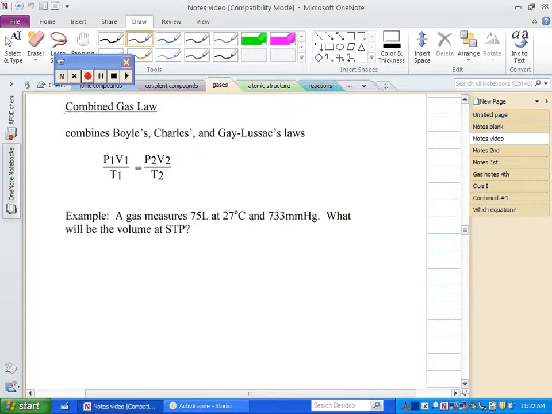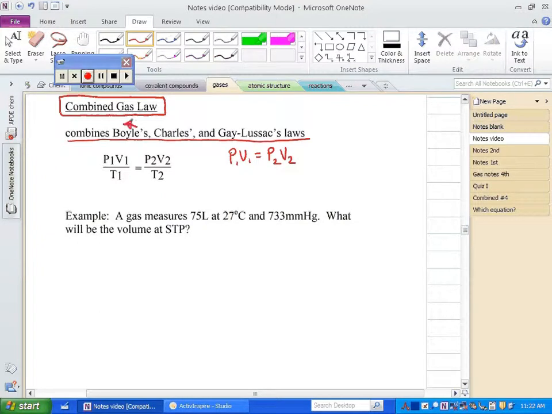Okay, this is the combined gas law, which when you look at it, it has Boyle's law, Charles's law, and Gay-Lussac's law as part of it.